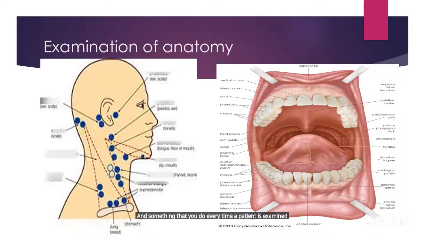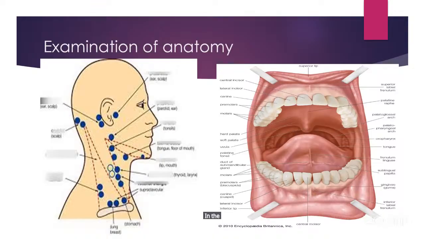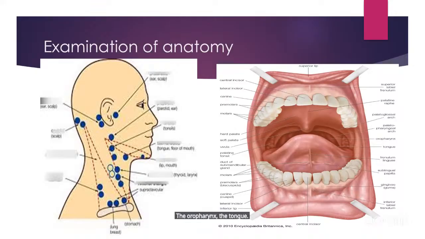So you can start with the lips, move into the labial mucosae, onto the gingiva, in the upper and lower arches, the teeth, then the soft tissues of the hard and soft palate, the oropharynx, the tongue, and in all the surfaces, and the floor of the mouth and fauces region.